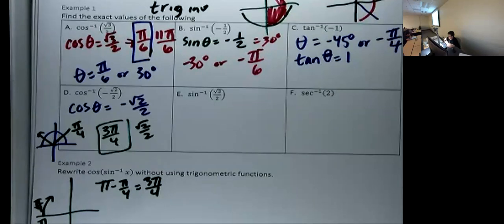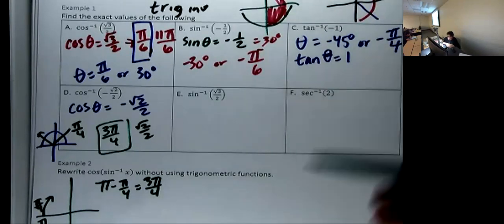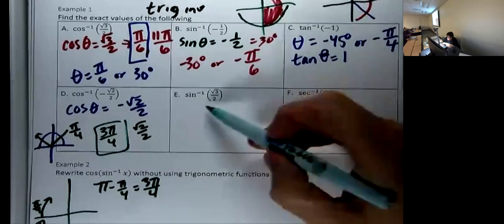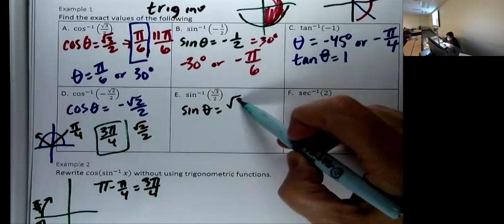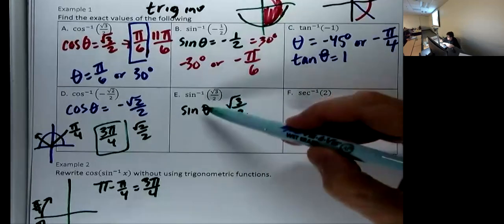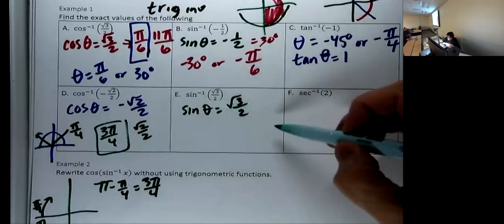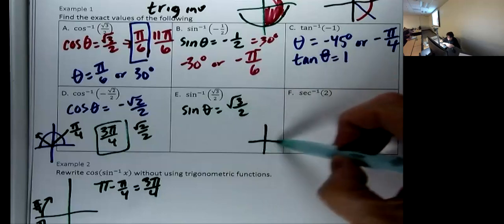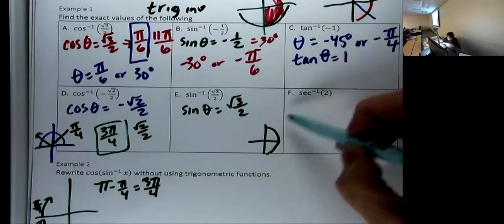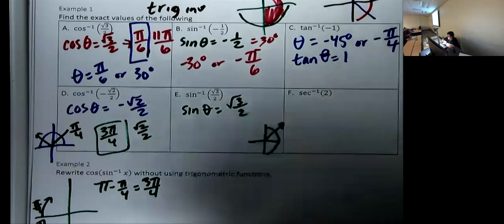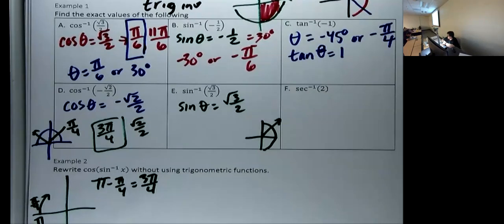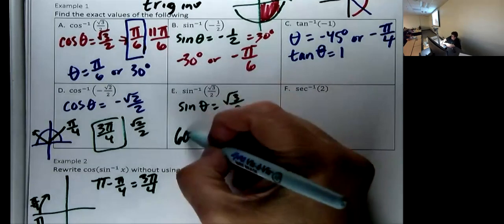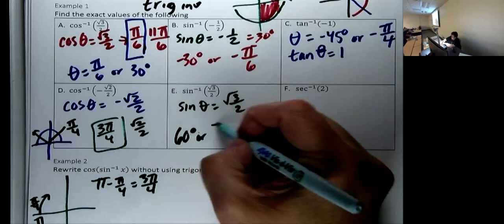Like quadrant 1? Looks like it, right? So we're doing sine theta equals root 3 over 2. Sine is positive, and on our picture, sine is here, these ranges. So if we want positive, it is going to be in quadrant 1. What angle generates root 3 over 2 in quadrant 1 for sine? 60 degrees or pi over 3.